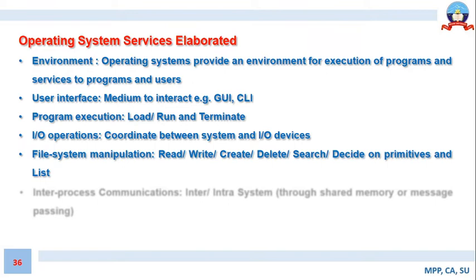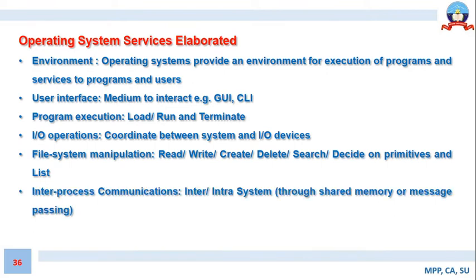As I've been saying in the previous classes as well, one of the fundamental qualities based on which the operating system will be judged is the way it organizes the files and the file system. Now next one is communication.